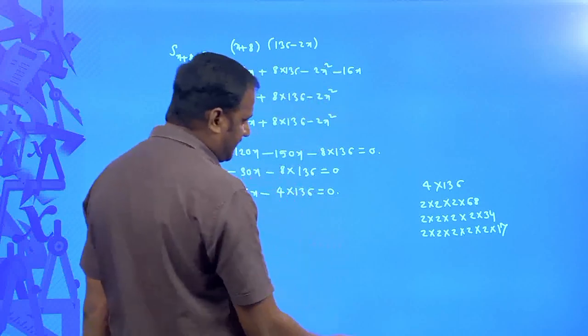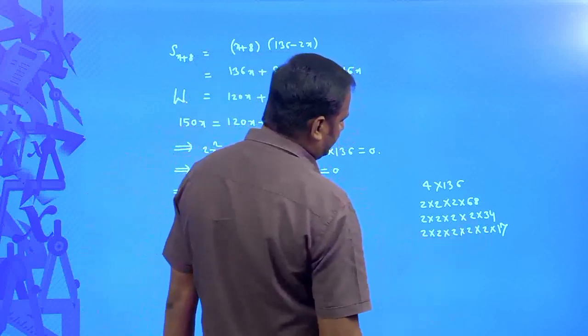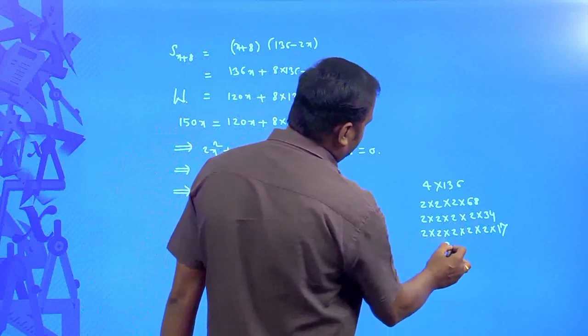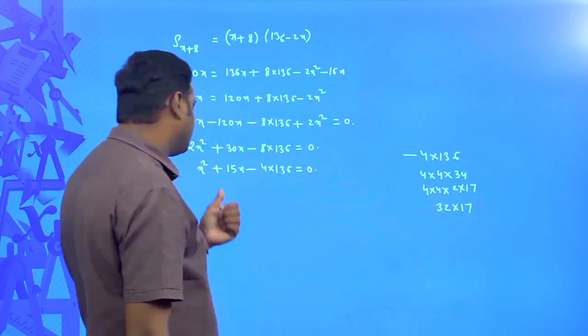Now, once you observe, the 2s give 2⁵, which is 32, and 17. What is 32 minus 17? It is equal to 15.